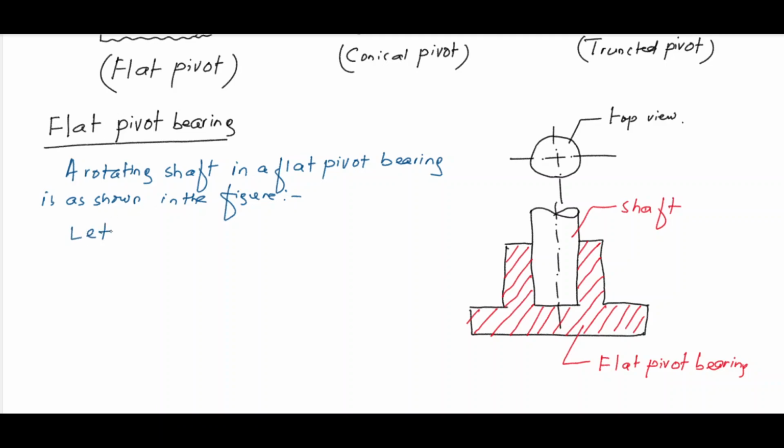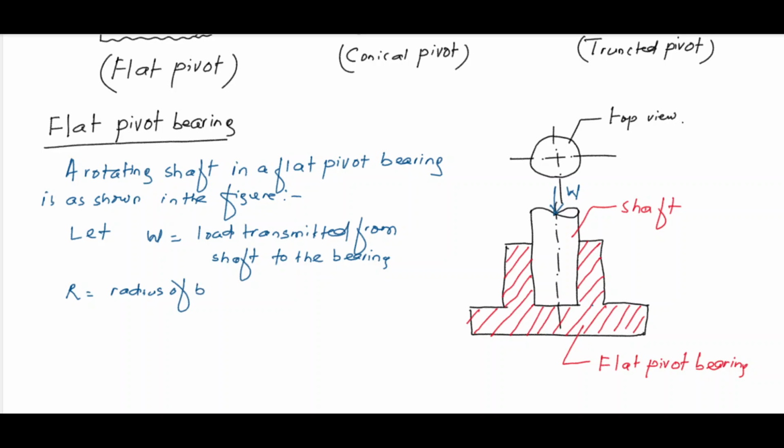Let this W be the load transmitted from the shaft to the bearing. This W is acting on the shaft here, and R is the radius of the bearing surface.